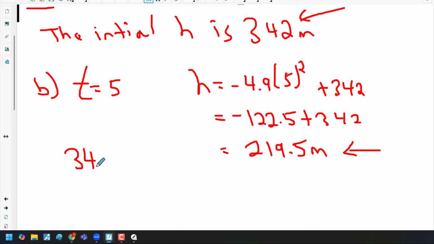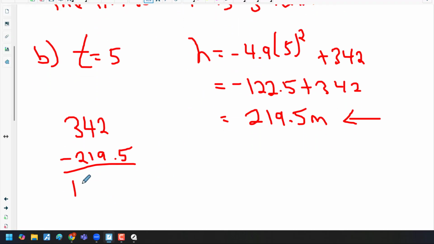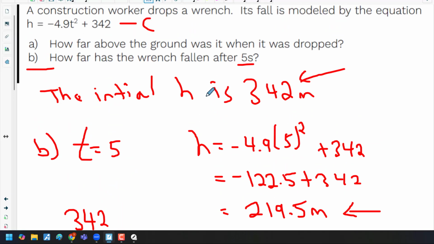Just subtract those two values. Very important to read what the question is actually asking. Otherwise, you can get in trouble. And the answer is the wrench has fallen a total of 122.5 meters. That's the answer. Hopefully this makes sense.